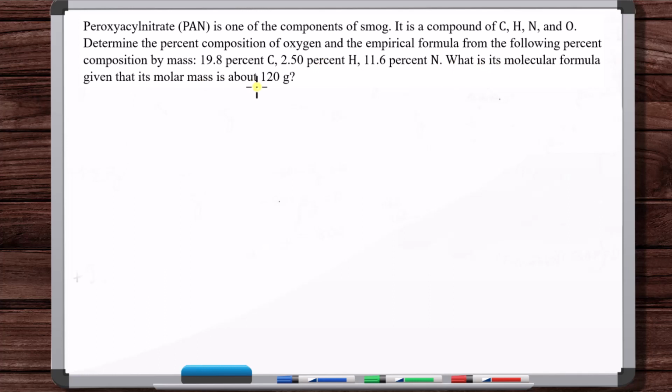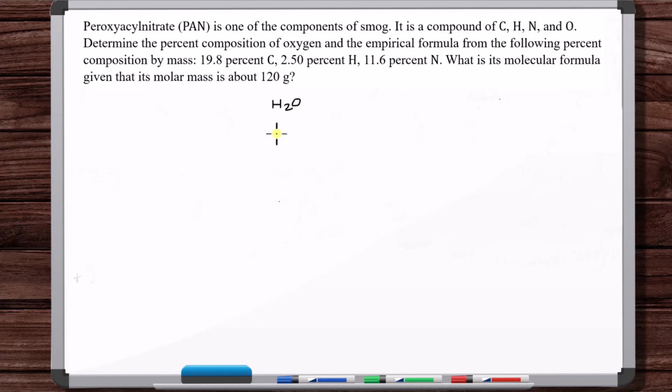All right, the empirical formula, if you remember, is strictly stating the ratios of the elements in the substance. So if you have H2O, it's 2 parts hydrogen to 1 part oxygen, not by mass. So H2O is both the molecular formula and the empirical formula.